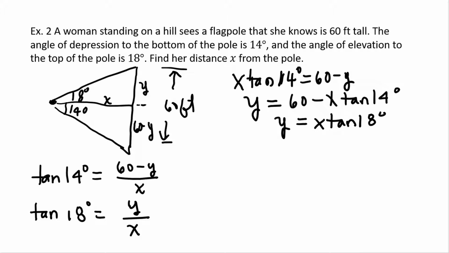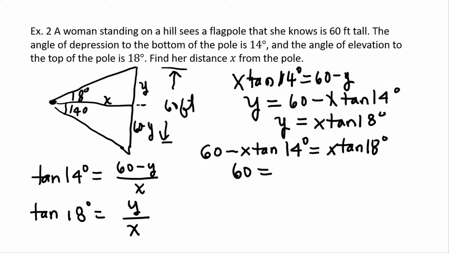Now let's set the y's equal to each other. Then you'll get 60 minus x times the tangent of 14 degrees is equal to x times the tangent of 18 degrees. We need to solve for x. So I'm going to put everything with x's on one side. That is, I'll get 60 is equal to x times the tangent of 18 degrees, and then add the other term, plus x times the tangent of 14 degrees.